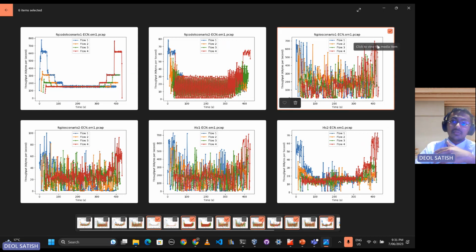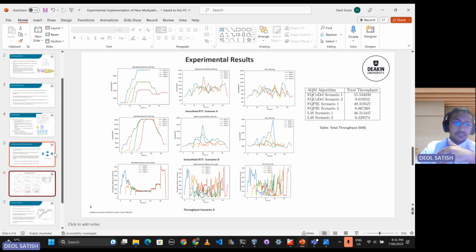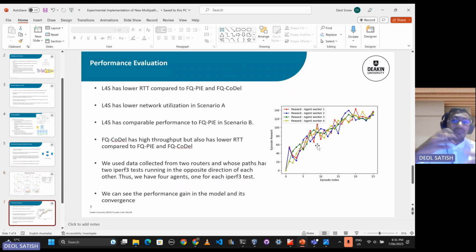Once we feed all of our experimental data to our A3C, considering we have two routers and two different flows in each router, we are collecting data from each stream in both routers.